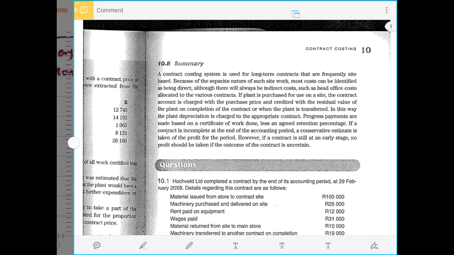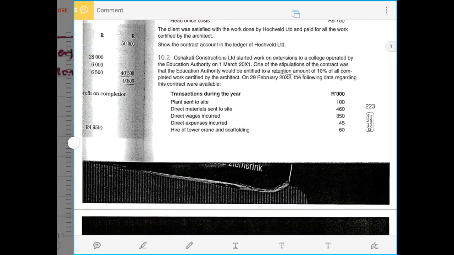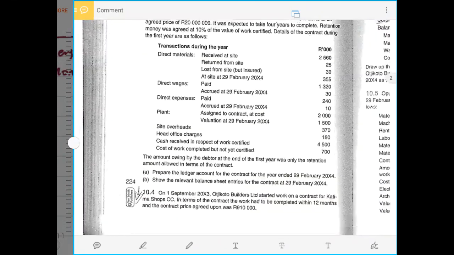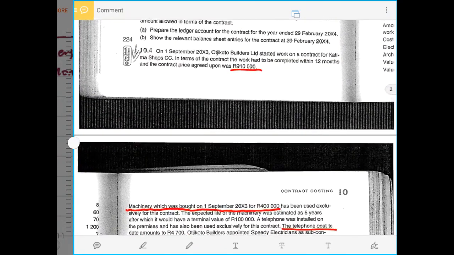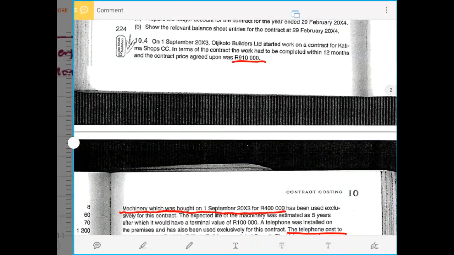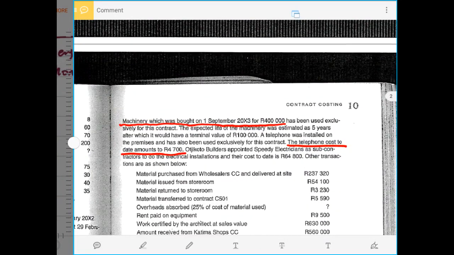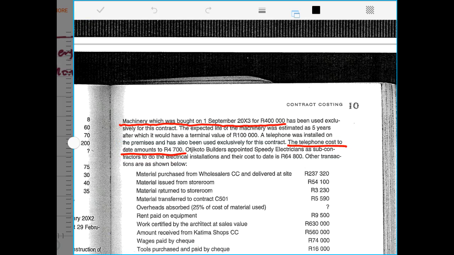Then we check for the next expense, which is the hiring of the subcontractor, hired at a value of 68,400 rands. It says that Odd Decoto Builders appointed Speedy Electricians as a subcontractor to do the electrical installation, and the cost to date is 64,800.